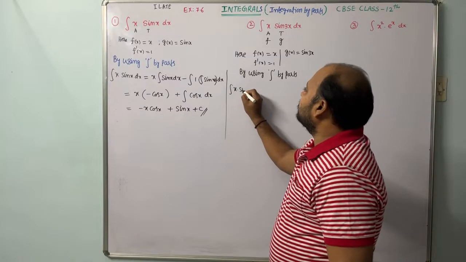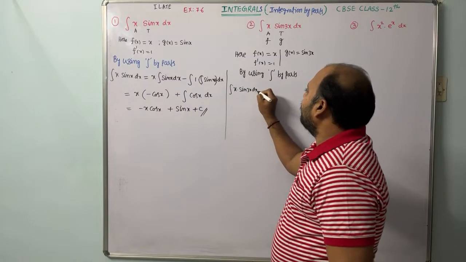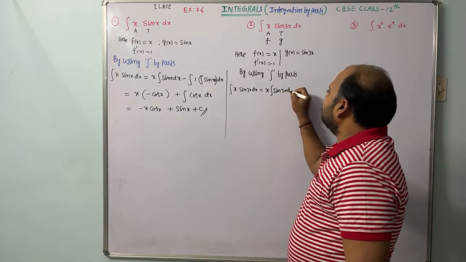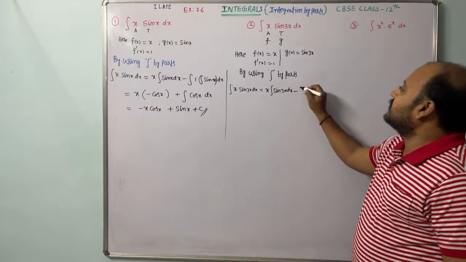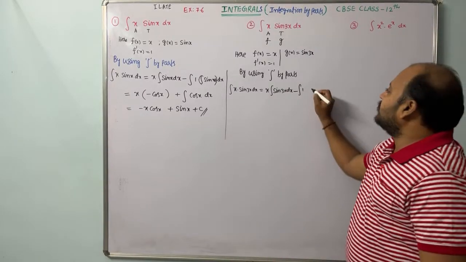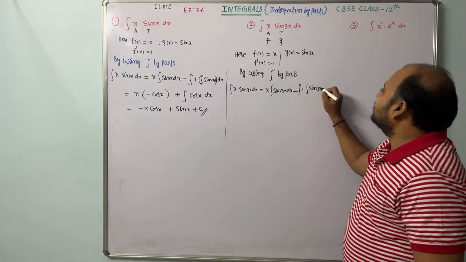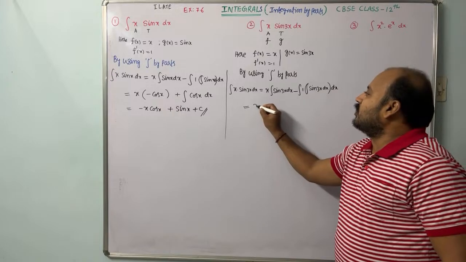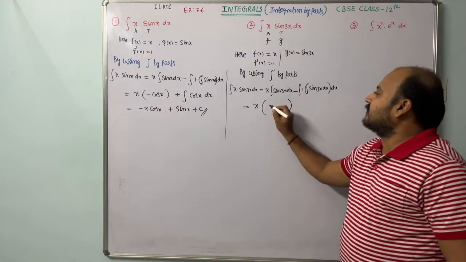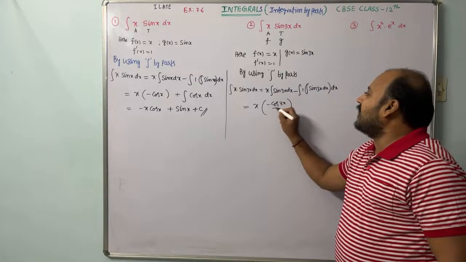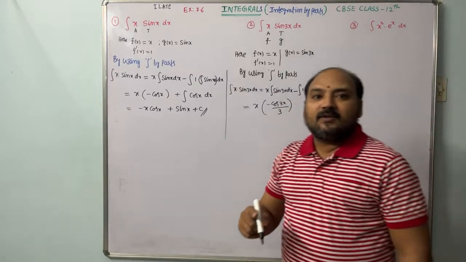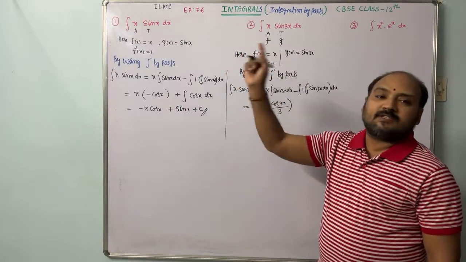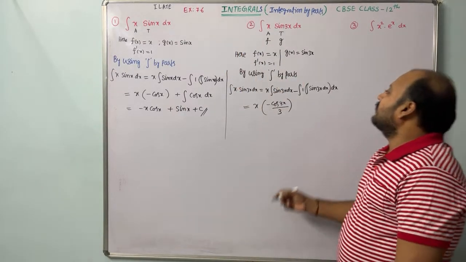Integral x sin 3x dx is equal to x into integral sin 3x dx, minus integral f dash of x, which is 1, into integral sin 3x dx, whole dx, which is equal to x into integral sin 3x, which is minus cos 3x divided by 3. We have already done a number of problems based on integral sin x in exercises 7.1, 7.2, dear students.